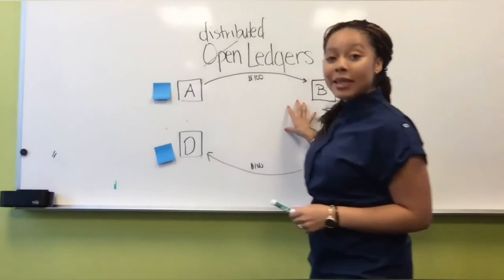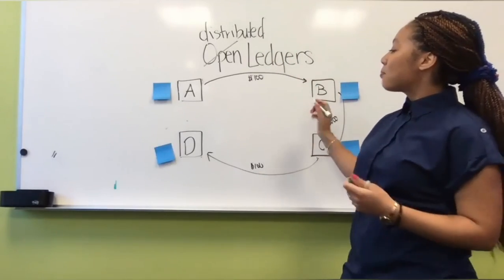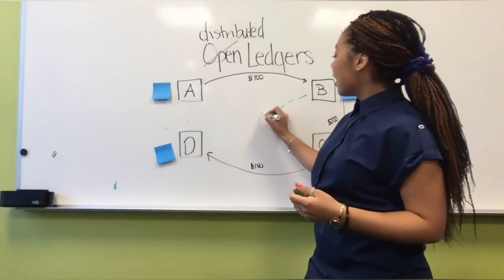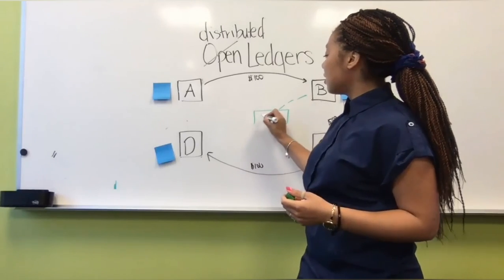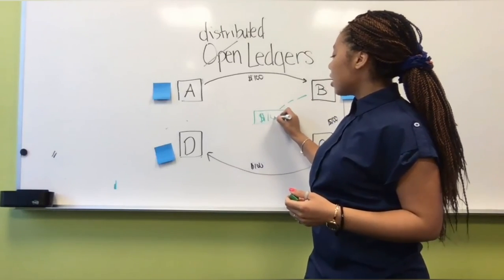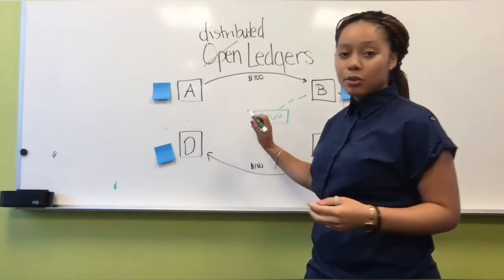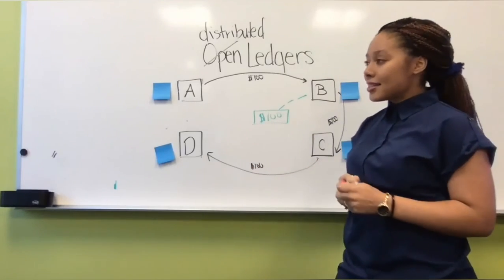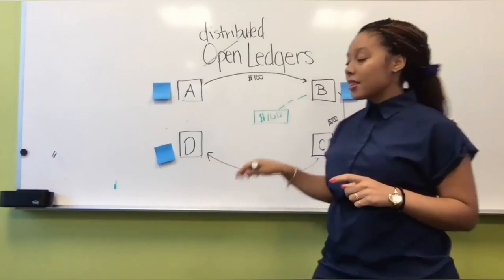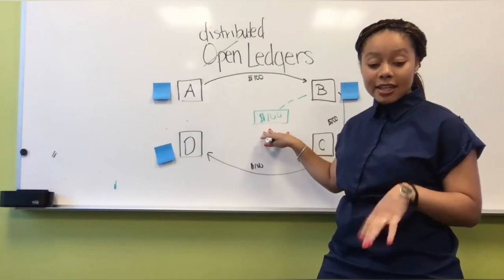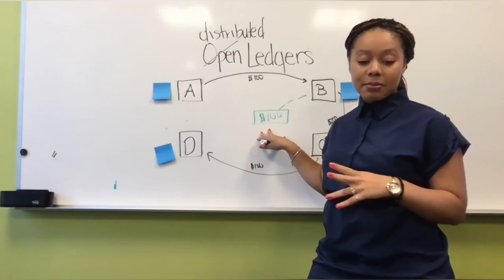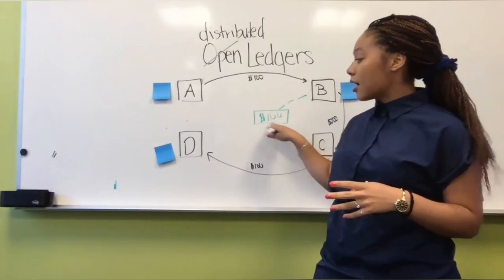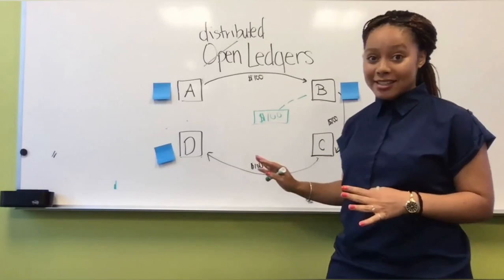We have party B, that broadcasts to the entire system, hey guys, I want to send $100 to party D. But in the blockchain system, this is an unvalidated transaction. It needs to be validated. So this is not going to be put into anyone's ledger yet.